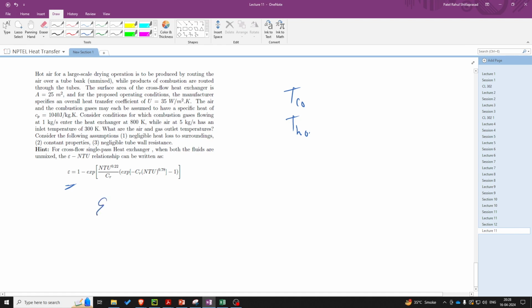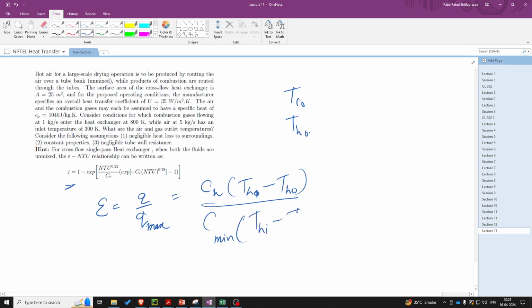Basically the formula of effectiveness is given as Q upon Q max, where Q can be CH into TH inlet minus TH outlet upon C minimum upon TH inlet minus TC inlet. This can also be equal to CC upon TC outlet minus TC inlet upon C minimum TH inlet minus TC inlet.